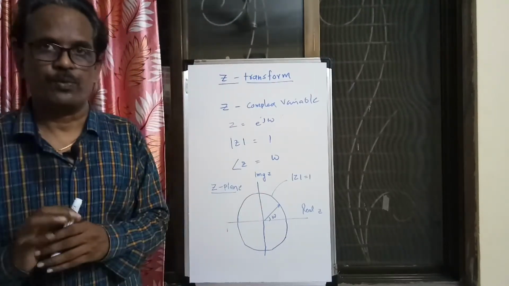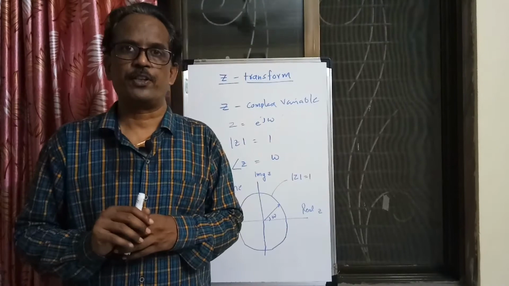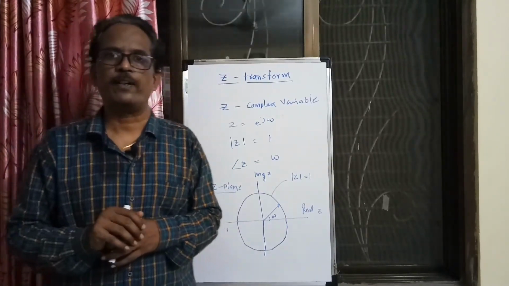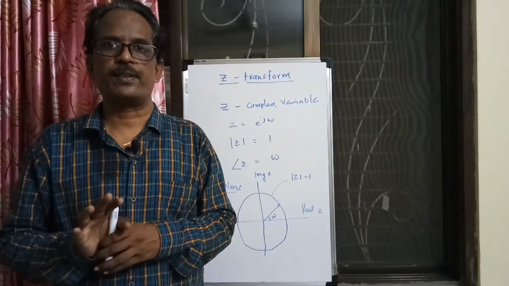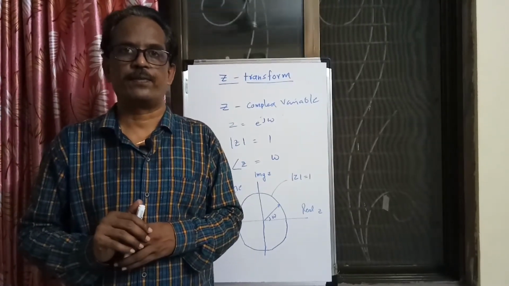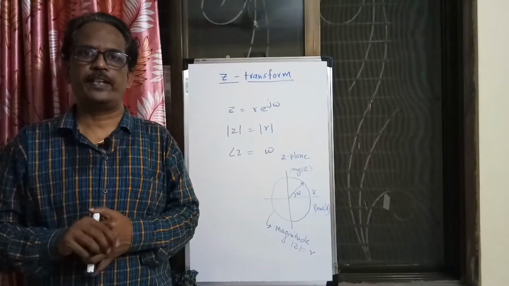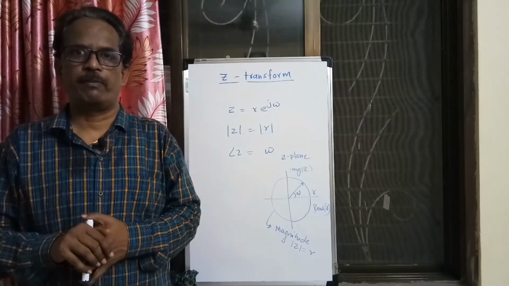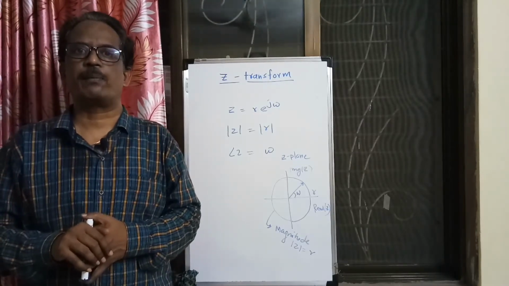Here I have chosen z which is very simple, but in general z is r e to the power j omega. So let us see how this z plane and this angle will change. In general, z can be r e to the power j theta, where r can be less than 1 or greater than 1.